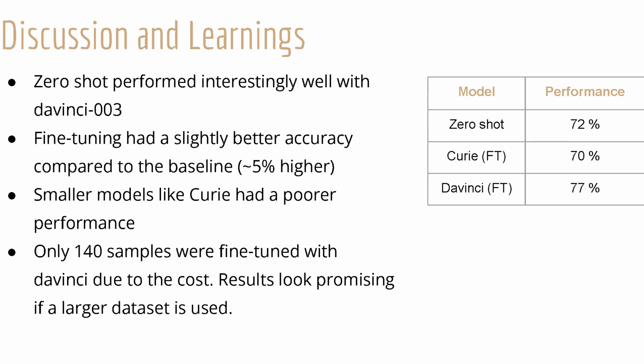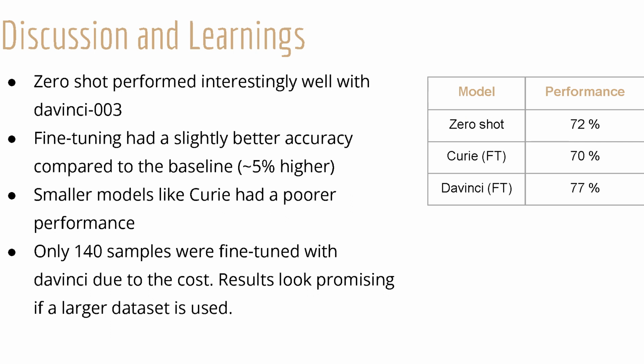So we use this classifier with some hand labeling also to evaluate these fine-tuned models. We reached for the baseline, the zero shot, a 72% good performance. For the Curie fine-tuning, we reached 70%, and for the DaVinci fine-tuning, we reached 77%. So we can see, interestingly, that the zero shot is performing really good.